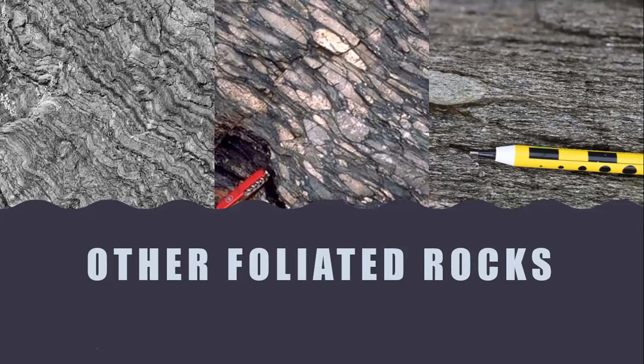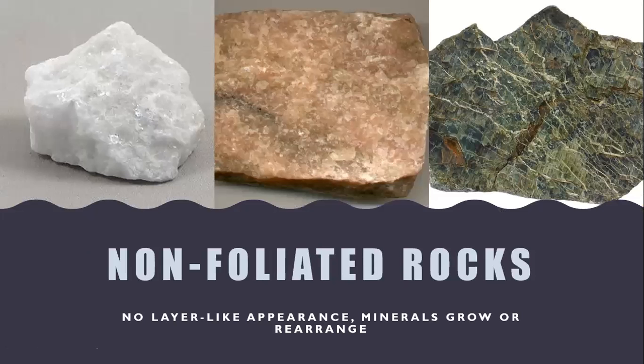So now this is foliation, and this is what foliated metamorphic rocks look like. Now this is what non-foliated metamorphic rocks look like. There are no layers, no banding in the non-foliated rocks. They look like minerals that just rearranged, is how it's described.